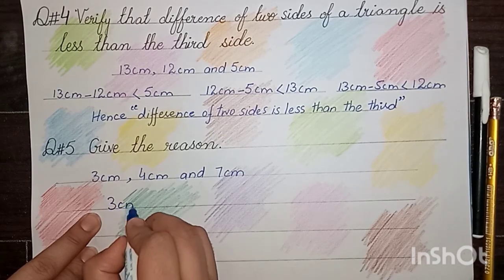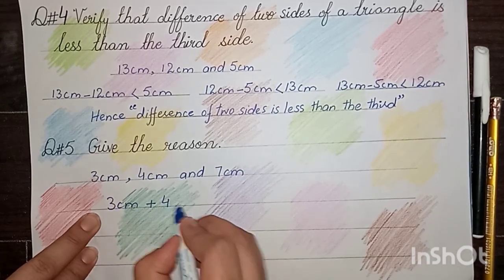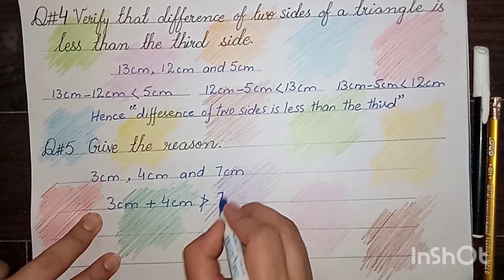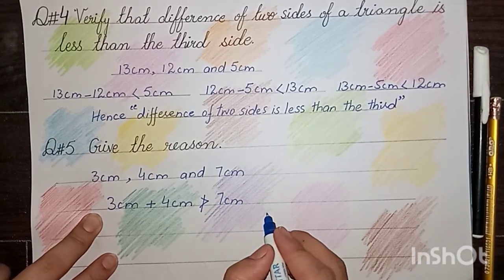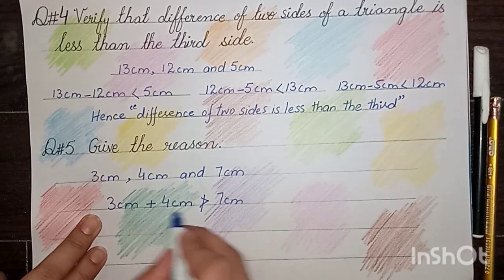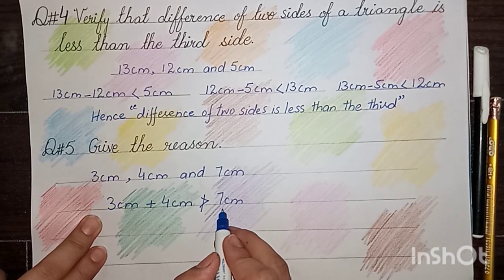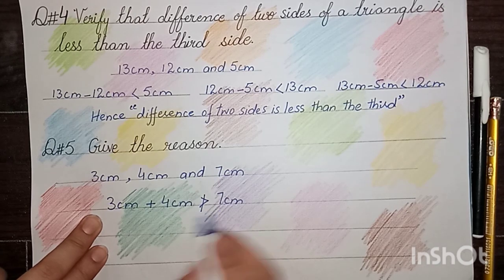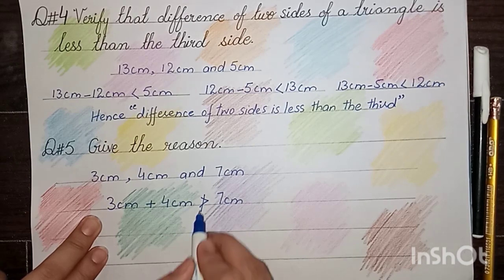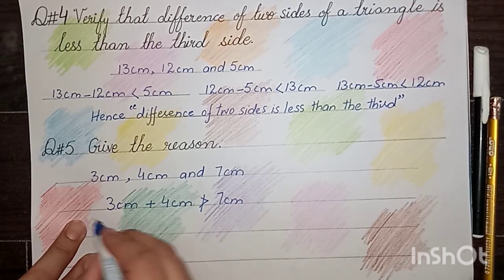So 3 centimeter plus 4 centimeter is not greater than 7 centimeter, because 3 plus 4 is equal to 7. These two are equal to each other. That's why this is not possible. 3 centimeter plus 4 centimeter must be greater than 7 centimeter.